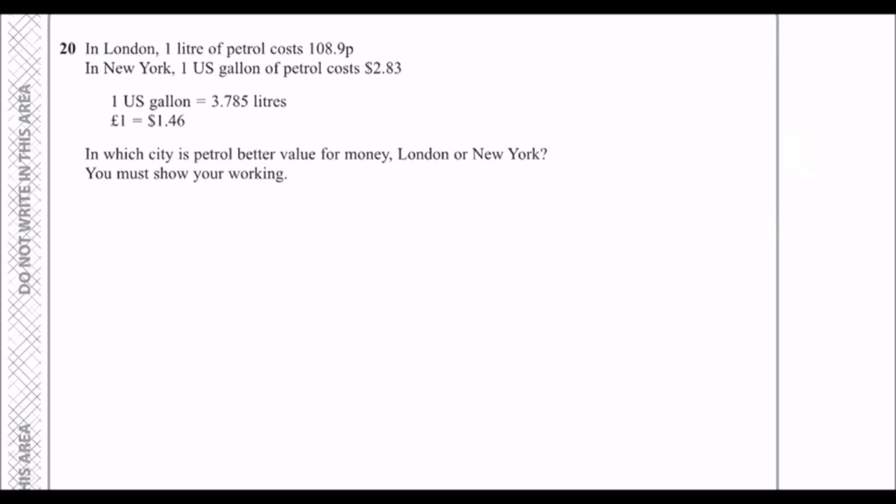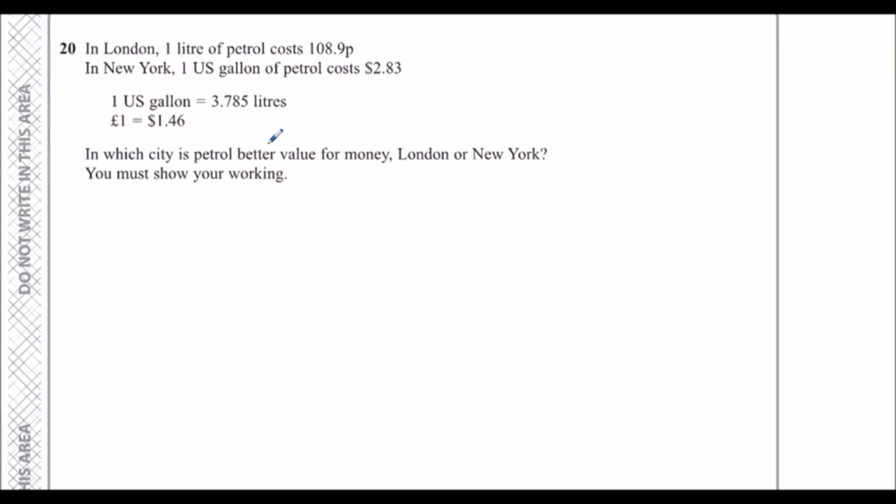Question 20. In London, 1 litre of petrol costs 108.9p. In New York, a gallon of petrol costs $2.83. So we've got a conversion rate between gallons and litres, and a conversion rate between pounds and dollars.